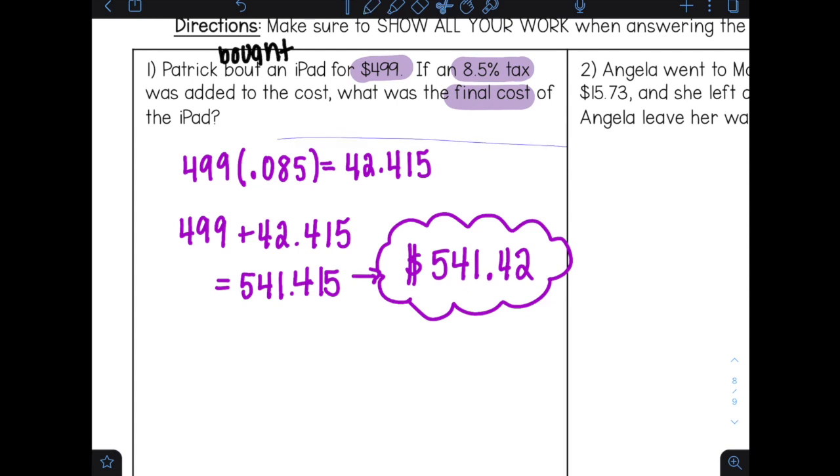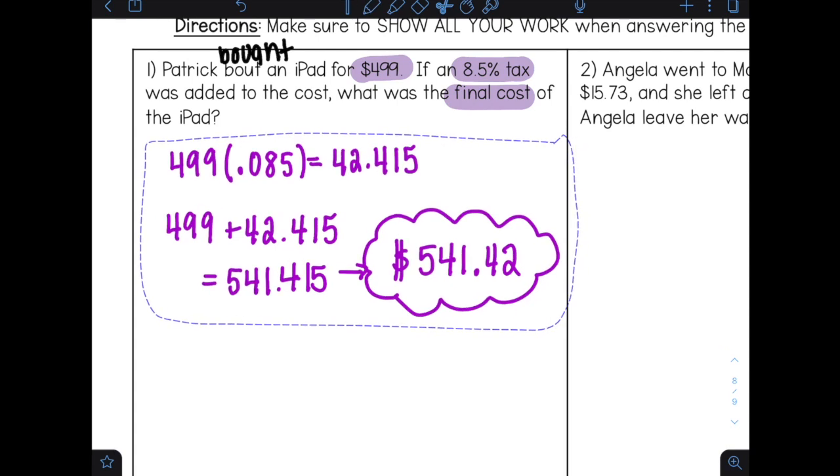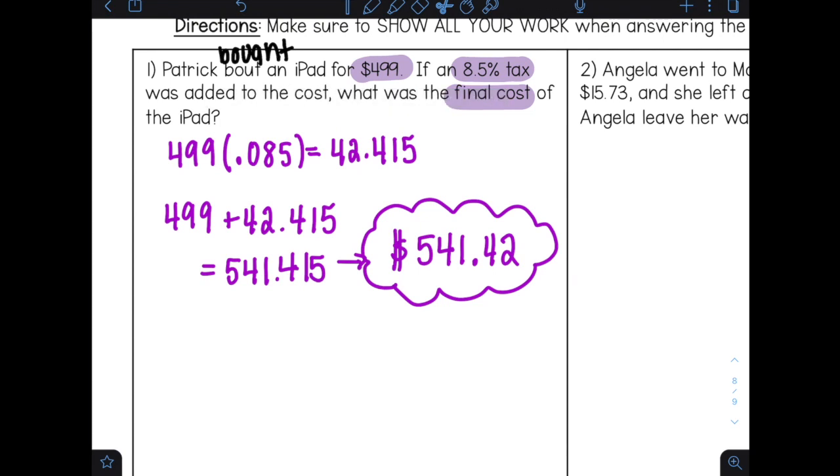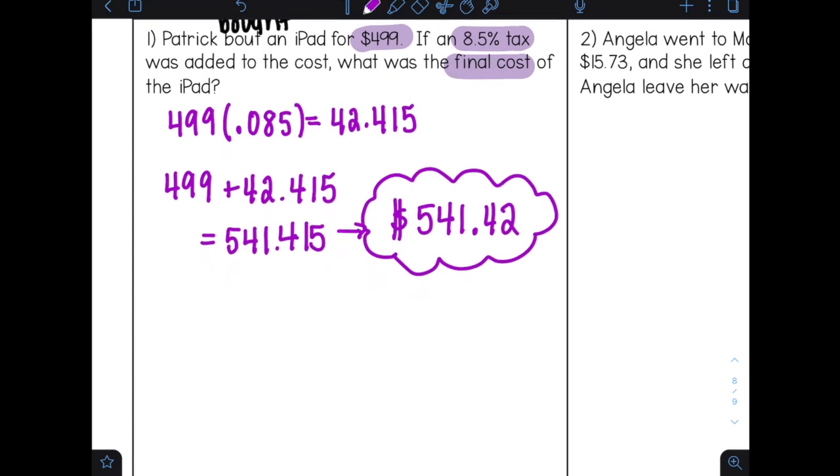Now, part of what I mentioned earlier in tax and tip being kind of a markup, I'm going to show you another way to do this. What we learned with markup is that you have 100% of something. And if you add that 8.5%, your total cost is going to be 108.5% of the original.